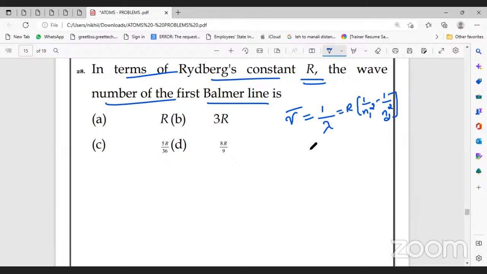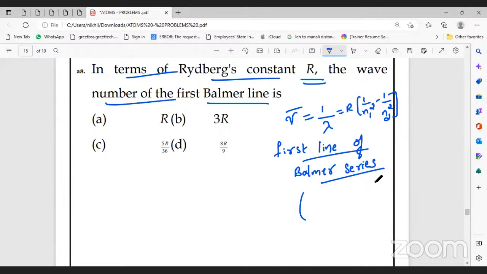Now the first line of the Balmer series. For Balmer series, the electron has to take a transition to the second orbit. First line means it has to come from 3 to 2.